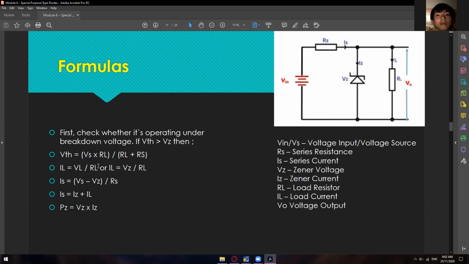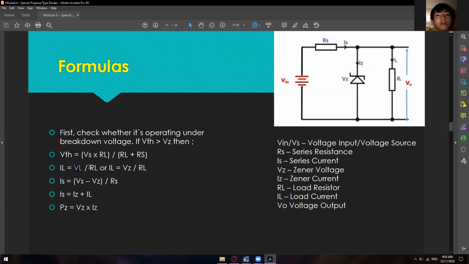For IL, we calculate this current with the voltage of the load resistor. If you take a look at this, the voltage of the load resistor is the same as VZ, because whatever voltage passes through the circuit is also our reading in the other parallel nodes.